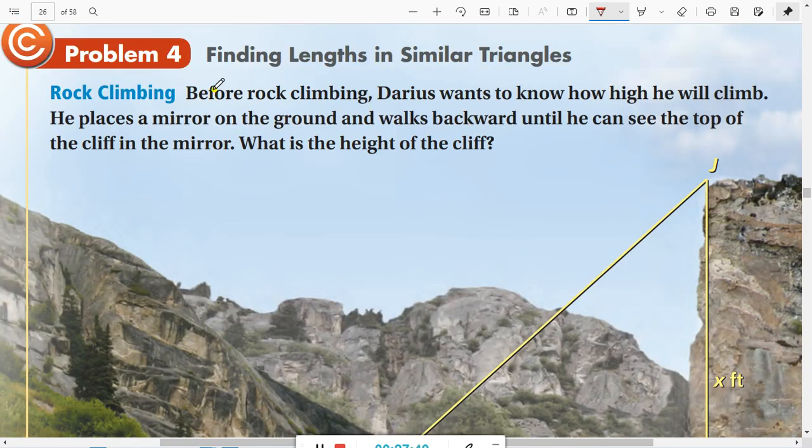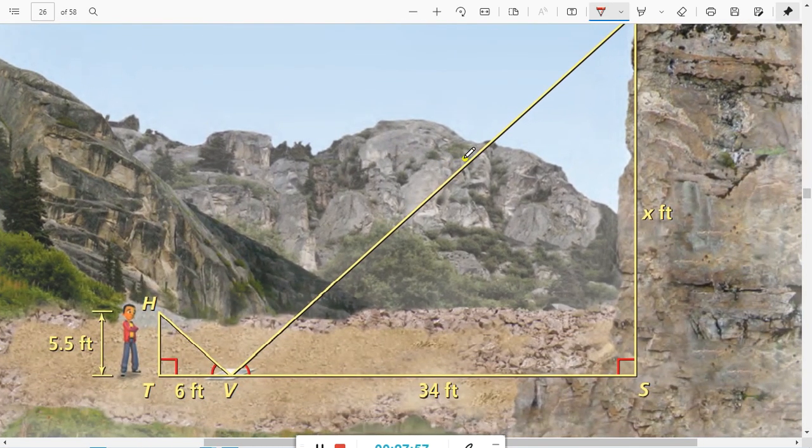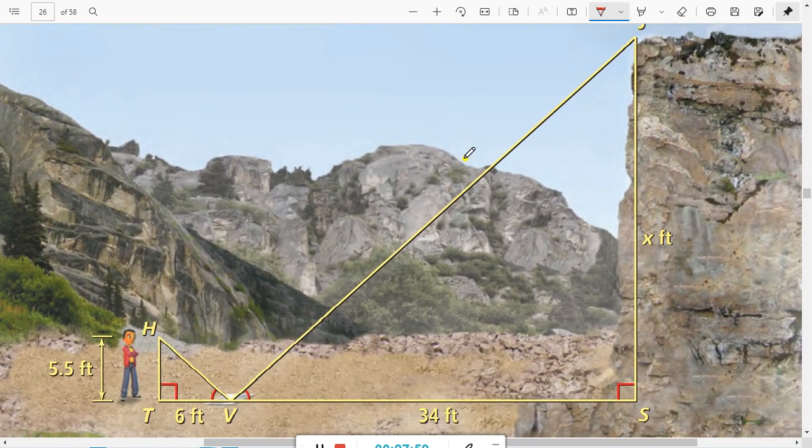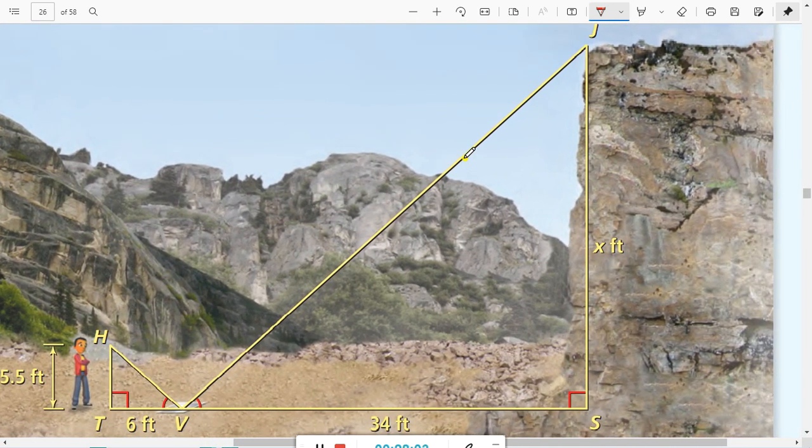All right, problem 4. Before rock climbing, Darius wants to know how high he will climb. He places a mirror on the ground and walks backwards until he can see the top of the cliff in the mirror. What is the height of the cliff? All right, so let's see here. They're looking for this side right here.